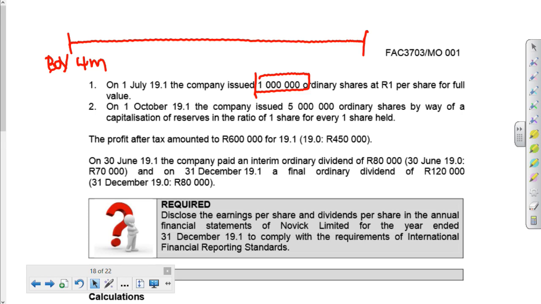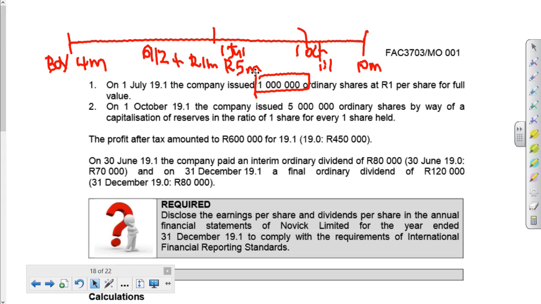Then the 1st of July, which is halfway through the year, 6 months into the year, plus 1 million. I now have 5 million shares. And then on the 1st of October, they issued 5 million shares by way of a cap issue, 1 for 1. So at year end, I now have 10 million shares.